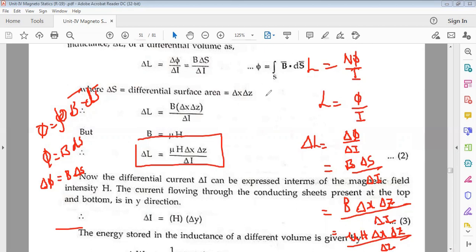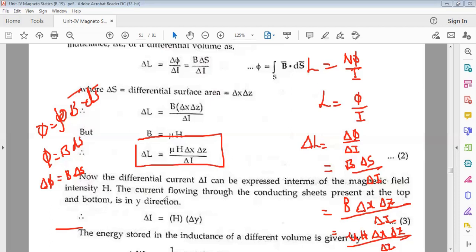Now, on the XY plane, there is a sheet which is passing the current I. The differential current delta I can be expressed in terms of the magnetic field intensity H. The current flowing through the conducting sheets present at the top and the bottom is in the Y direction.